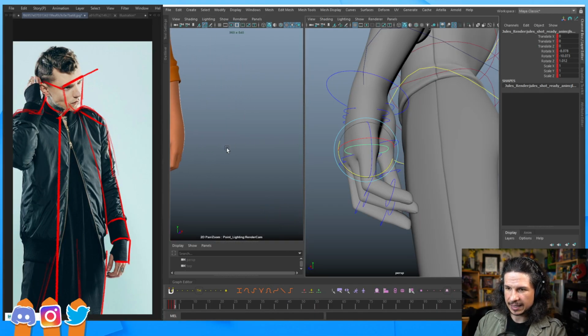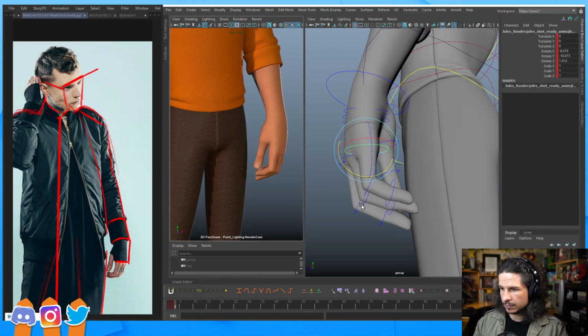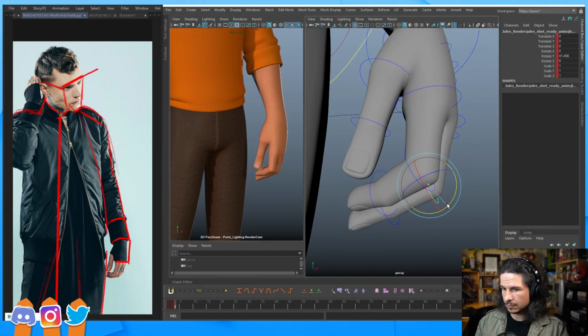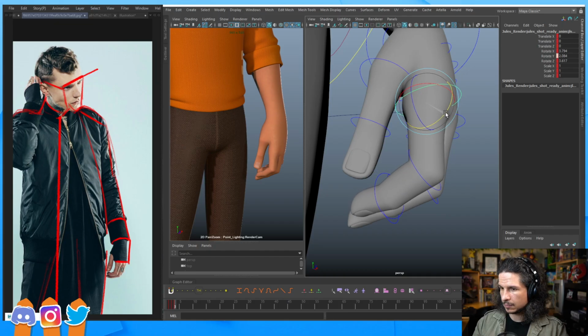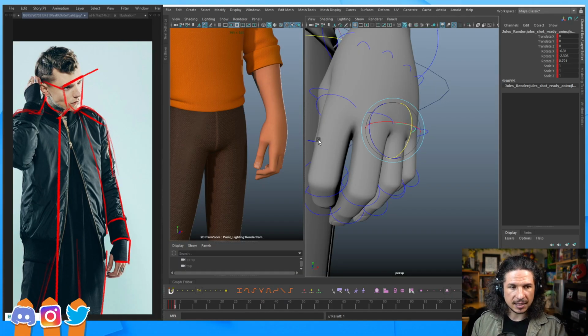So really getting that negative space in here, nice and clear. Okay. I'm getting an arc to those fingers. Okay. So let's say something like that.